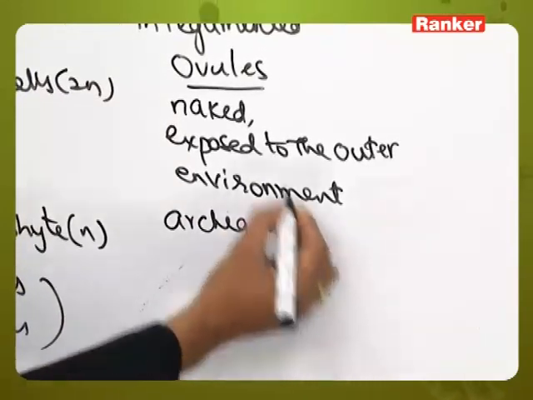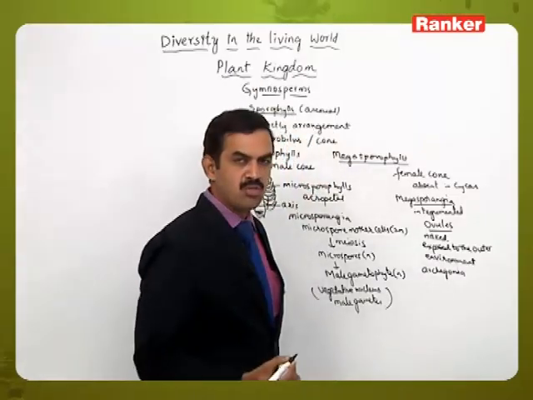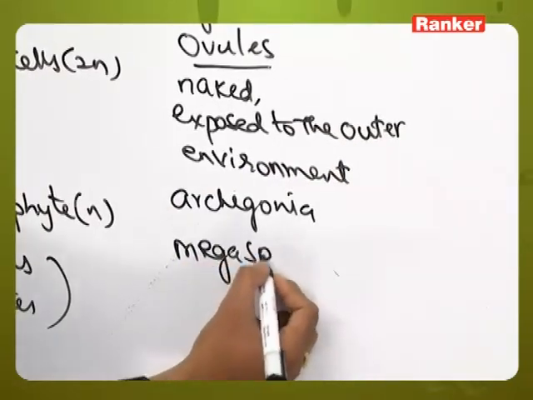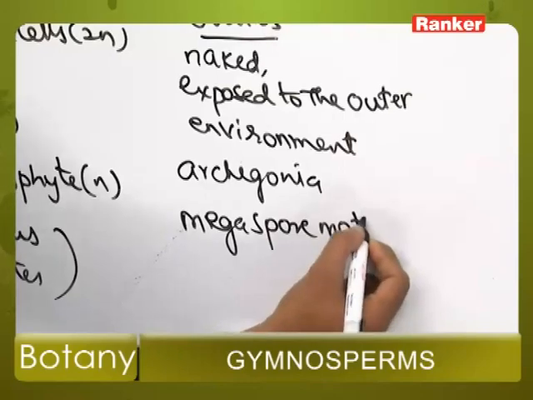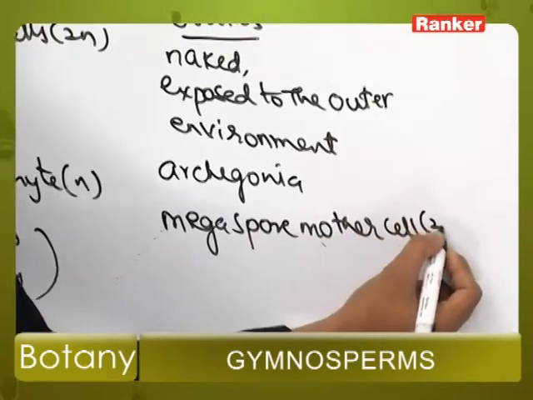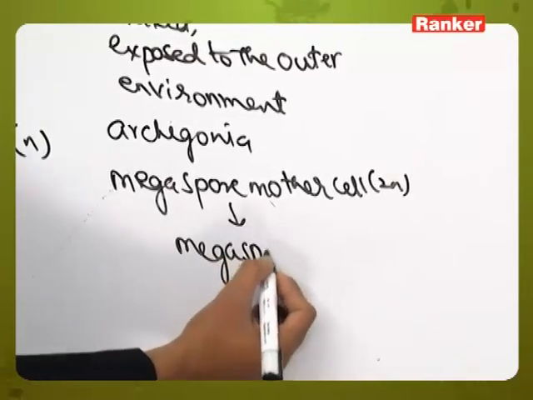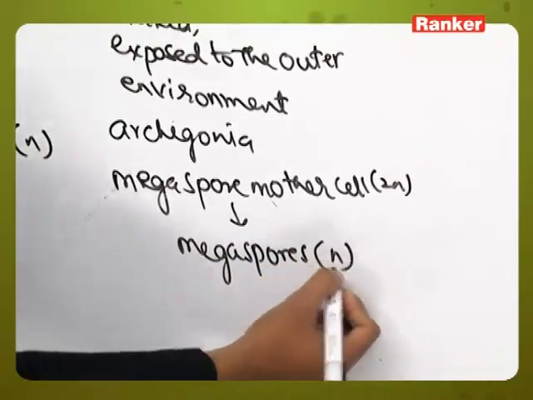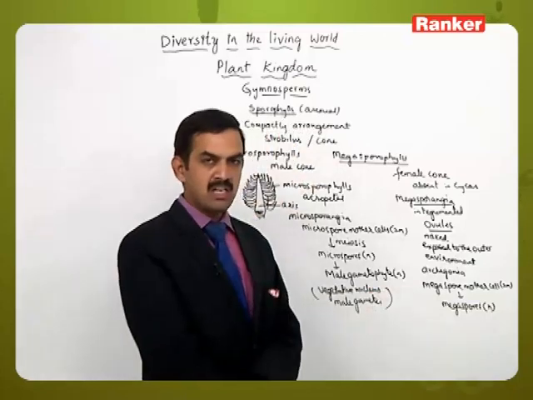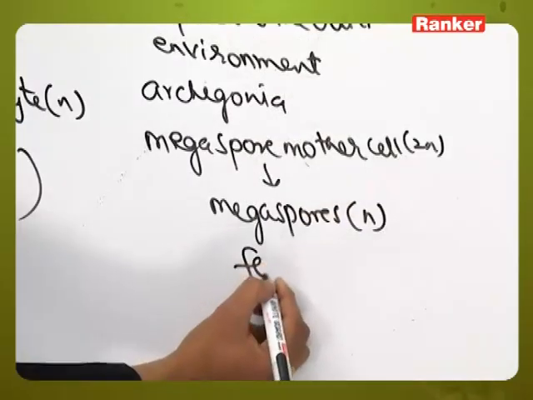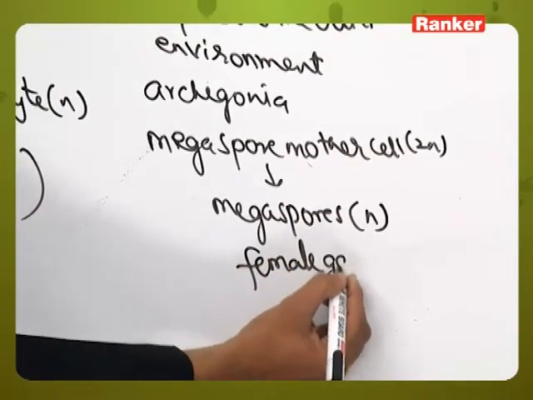But actually here, the nucellar tissue will form the megaspore mother cell, which is diploid in nature. It will undergo meiosis to form haploid megaspores, and these megaspores will form the female gametophyte.